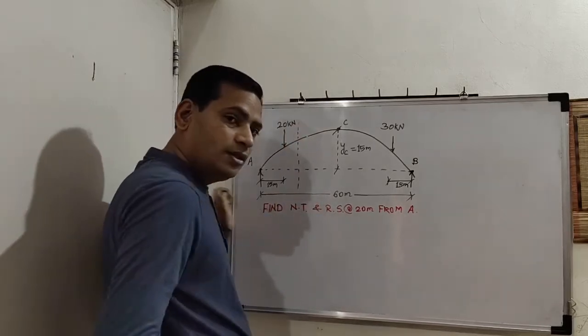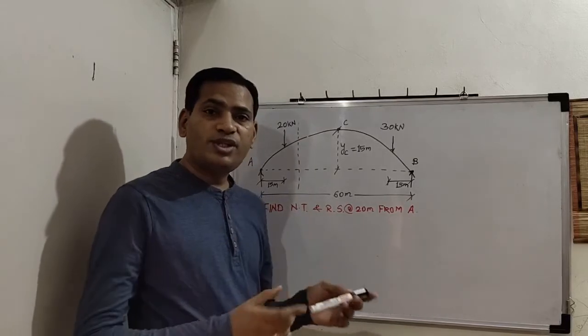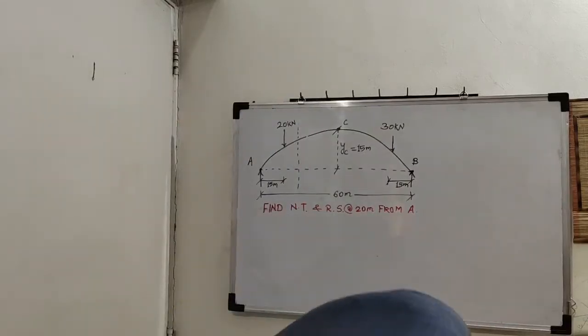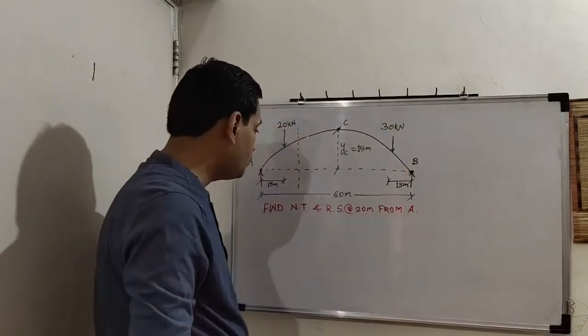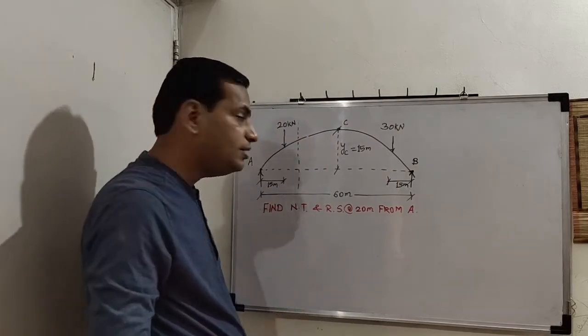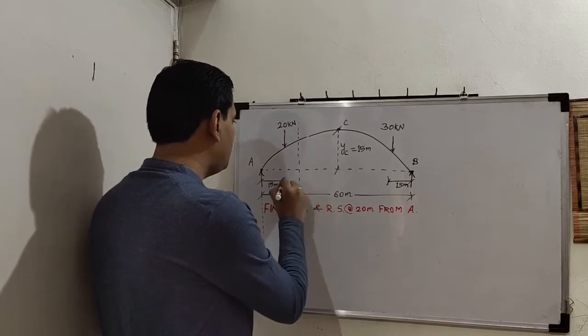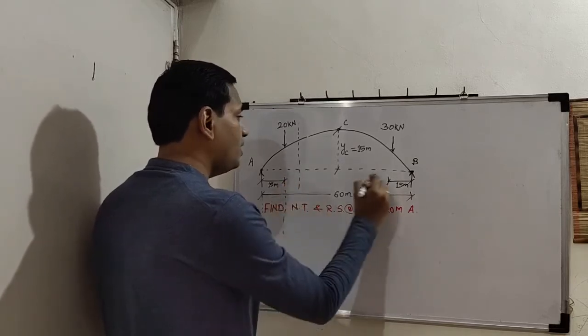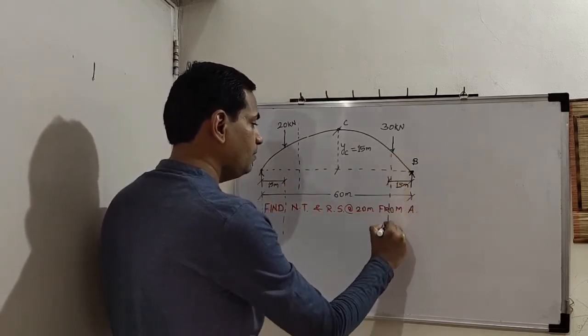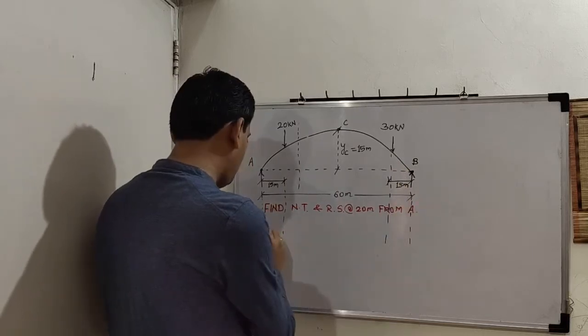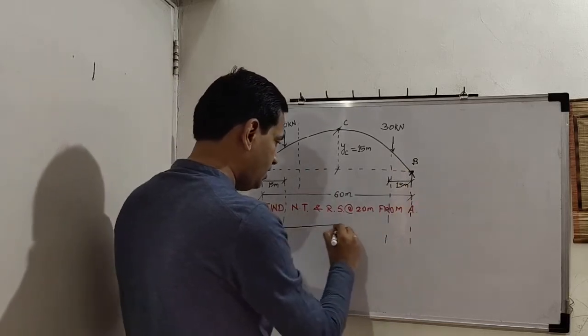So the procedure is same. That is, we will first of all consider the given arch as a simply supported beam. We will show the external loading as it is on the beam, and then we shall first find vertical reactions.